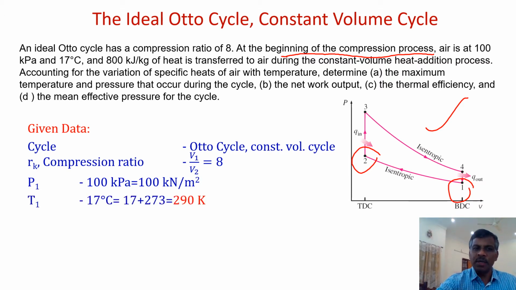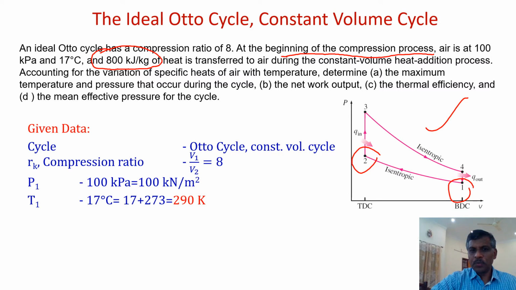Of course, the temperature is given in degree centigrade. Always make it into Kelvin. Plus 273, you will get 290 Kelvin. Then one more piece of data you have to be very careful with: 180 kilojoule per kilogram of heat is transferred to air.